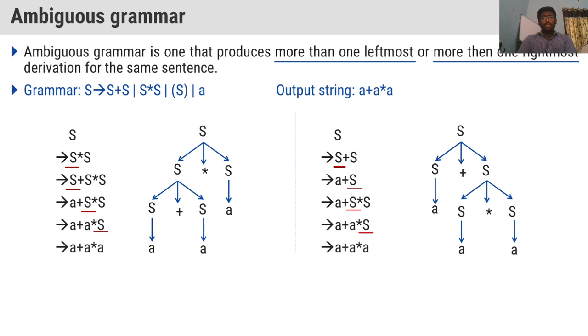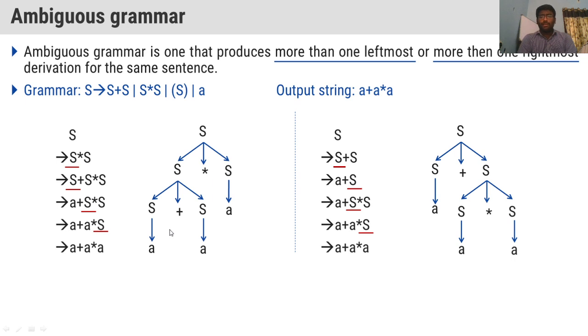Now you see, more than one LMD is possible. In the first LMD I started with S star S, in the second LMD I started with S plus S. Either way, I am able to derive the string. That's why the compiler will get confused here. Compiler in the sense, which program? Our parser program will get confused about which production I need to substitute. For both the derivations, the string is being generated.